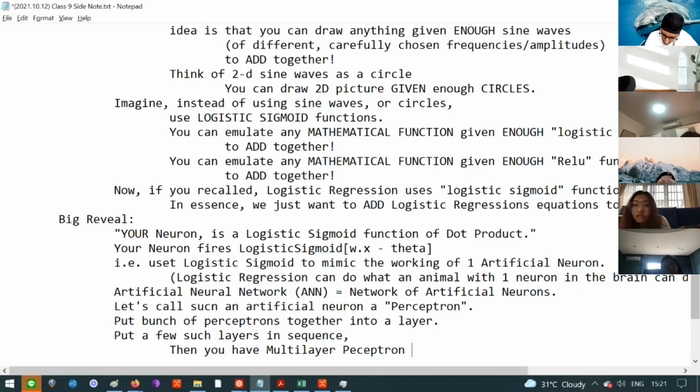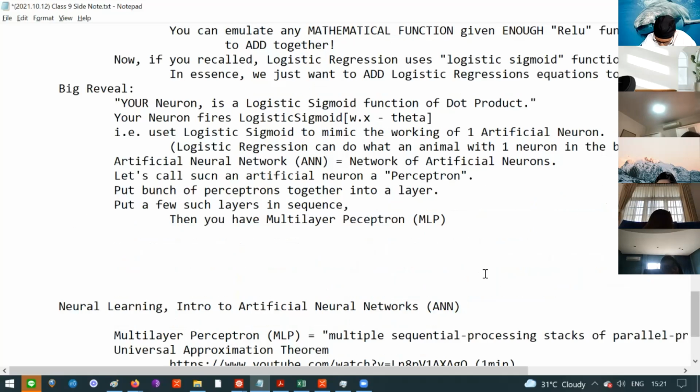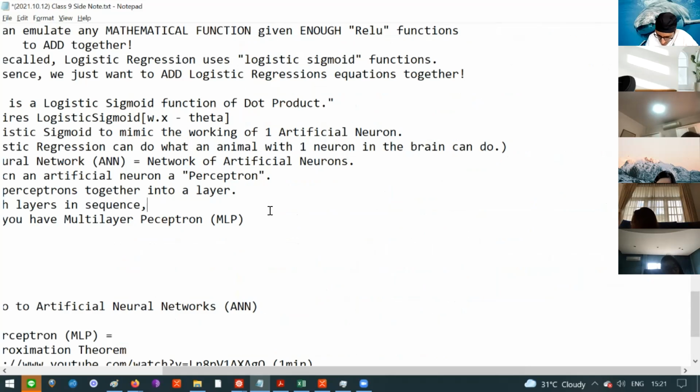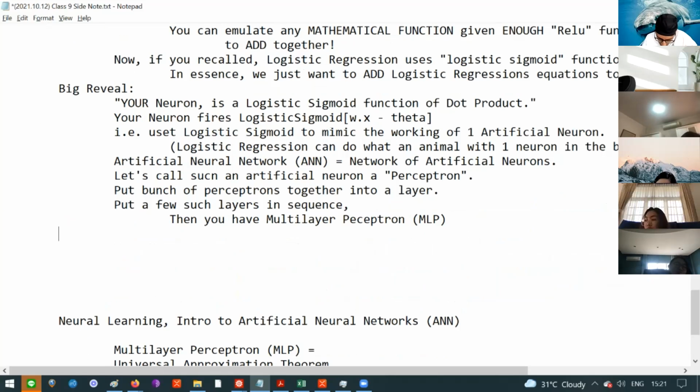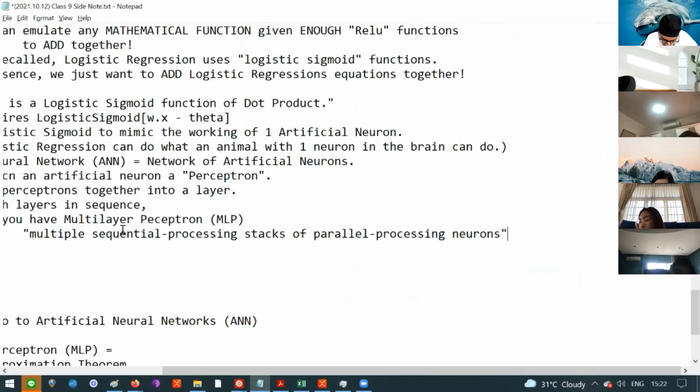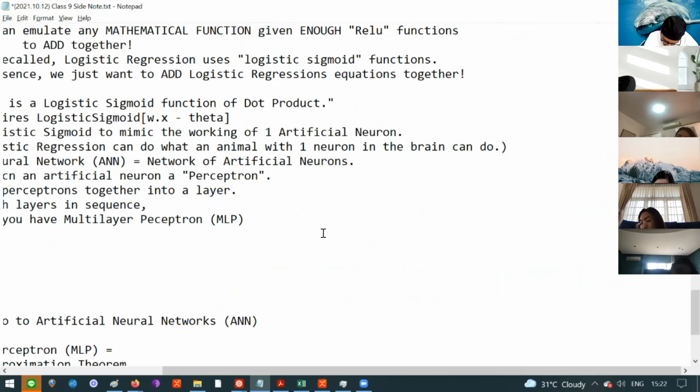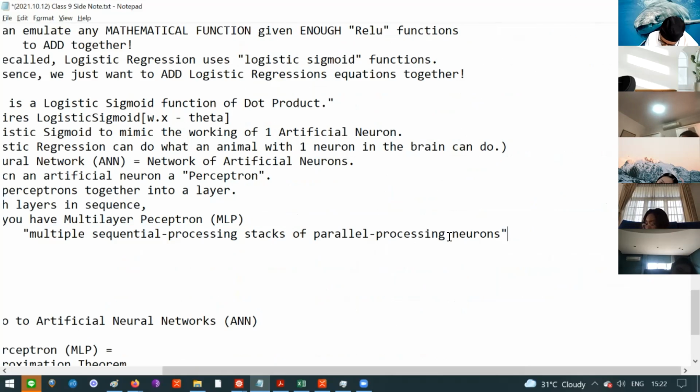There's no S. That is multi-layer perceptron. You can think of it as multiple sequential processing stacks or parallel processing artificial neurons.